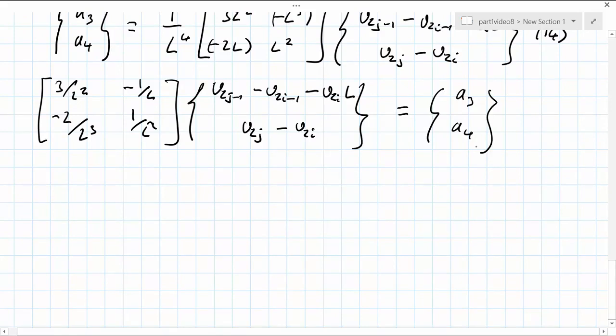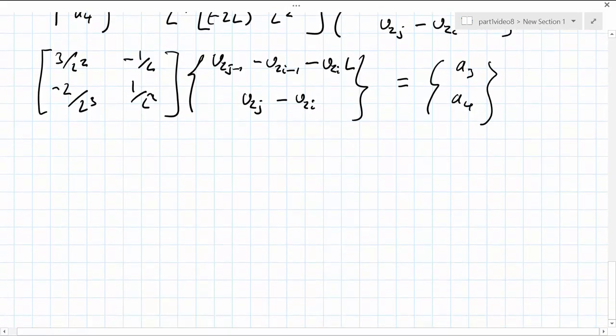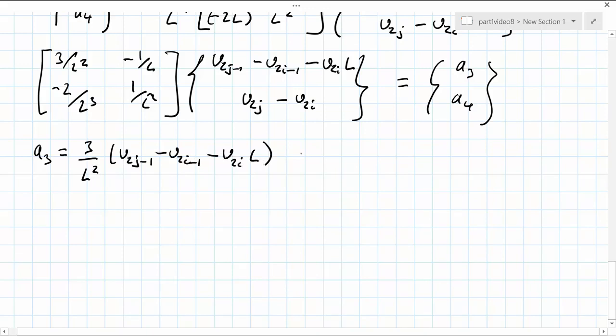So multiplying this out, firstly for A3, we have A3 being equal to 3 over L squared times by U2j minus 1 minus U2i minus 1 minus U2i times by L, and then also minus 1 over L times by U2j minus U2i.